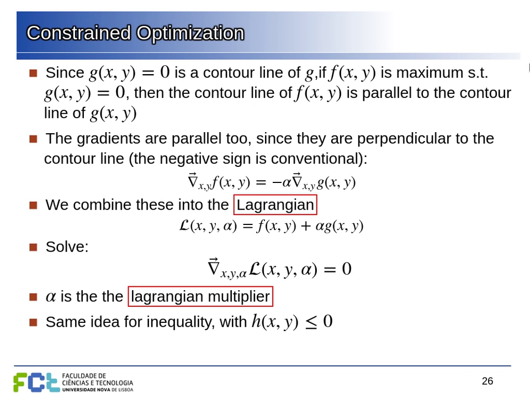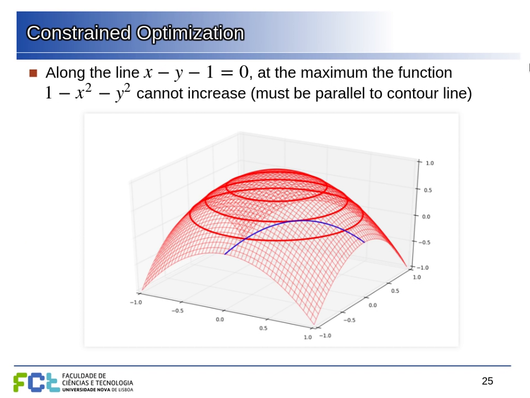So this gives us this idea. This function here, x minus y minus 1, has a contour line at x minus y minus 1 equals 0. Because if we set the function equal to something, that is by definition a contour line of the function. So the contour line of this function must be parallel to a contour line of the function we're trying to maximize when we reach the maximum value, because the constraint is itself a contour line too.